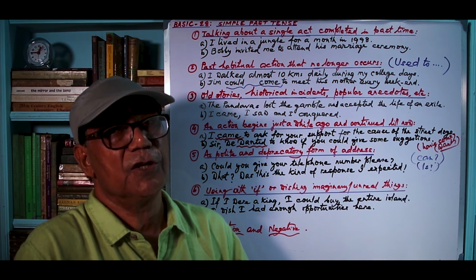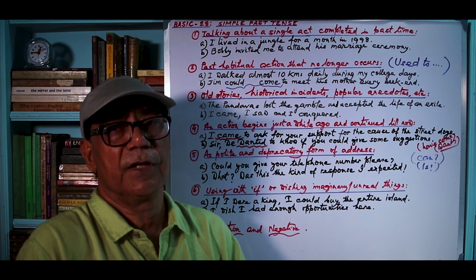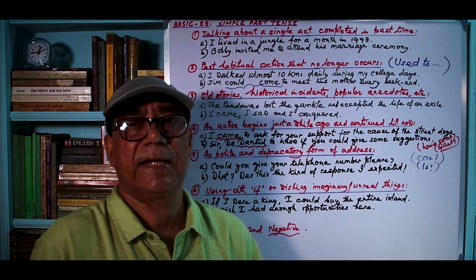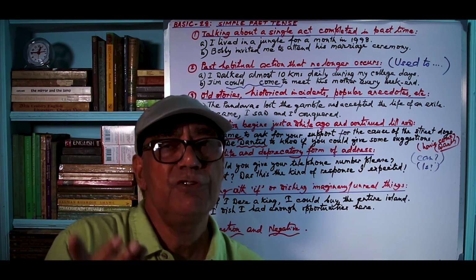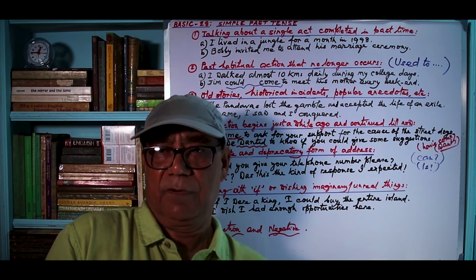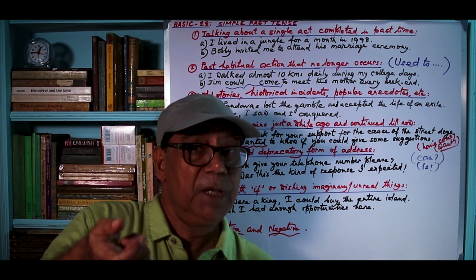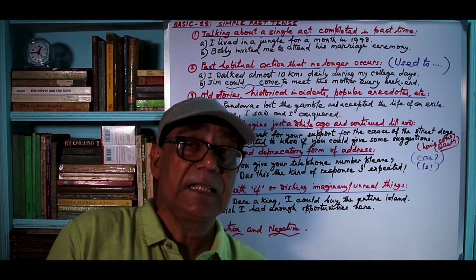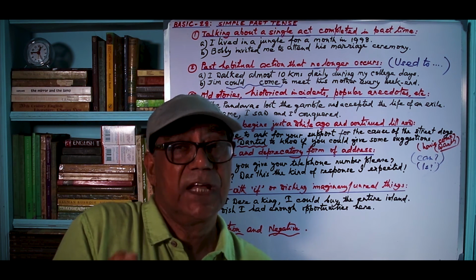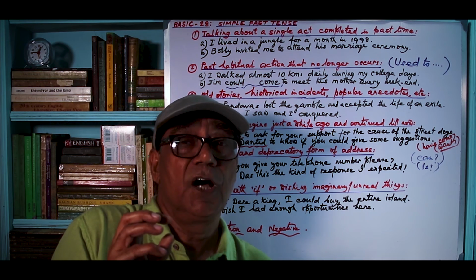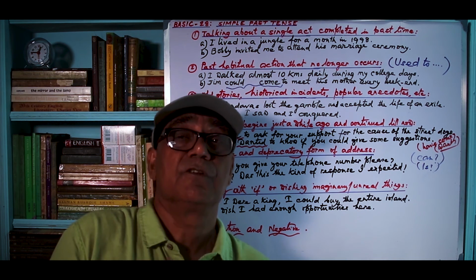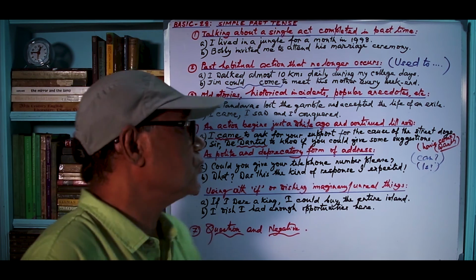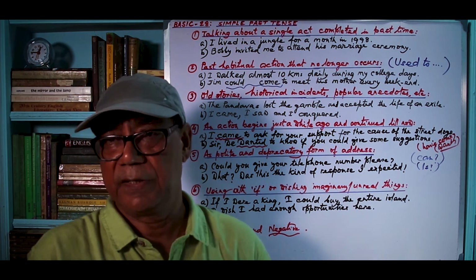Pandavas did not lose the gamble. In that case, what happens? We use an auxiliary verb, helping verb, and that helping verb changes to did or did not, and the main verb retains its simple or present tense format. That's the most important thing to remember here.